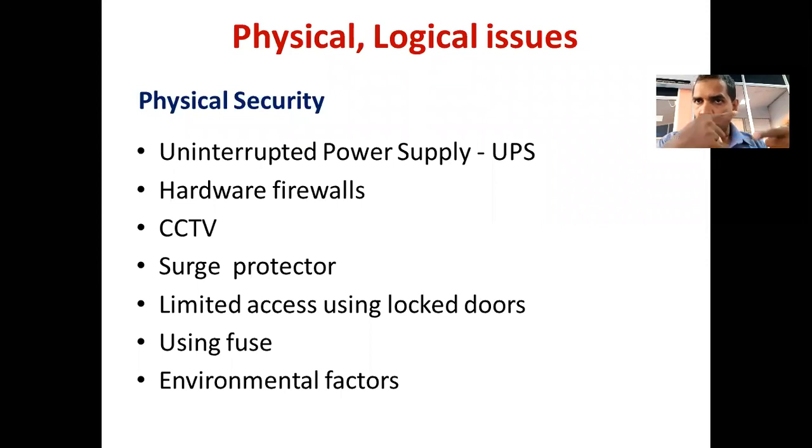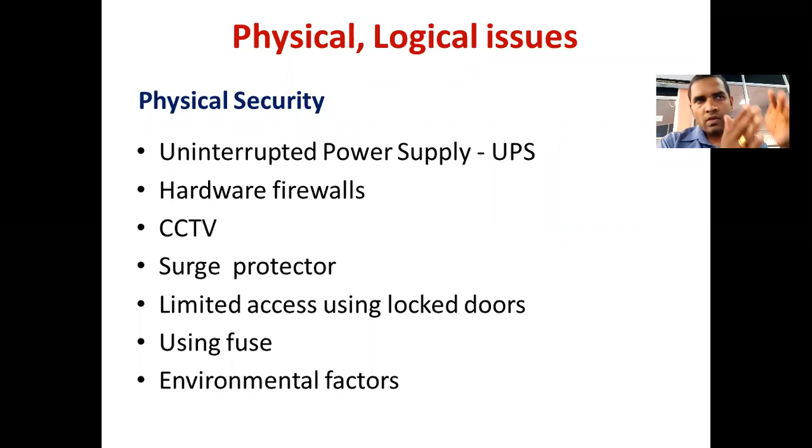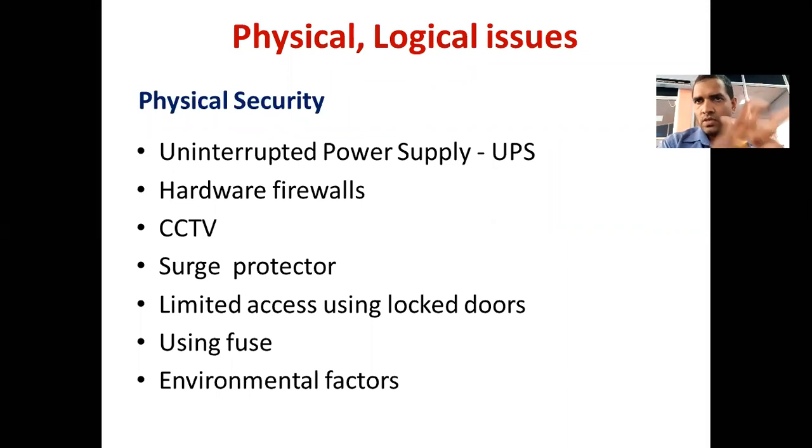In addition to the function, try to understand why it is categorized as a physical security method. That is important. We categorize UPS as a physical security method because UPS provides the electricity to the computer. Therefore, it saves your computer from damage, because if the UPS is absent, computers can easily be damaged by the power.